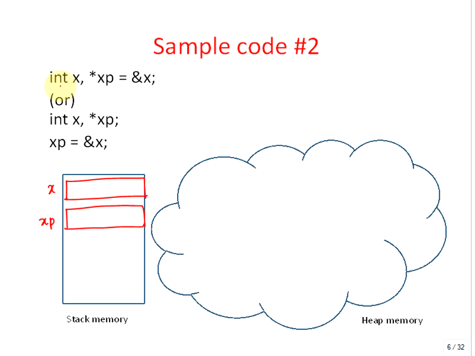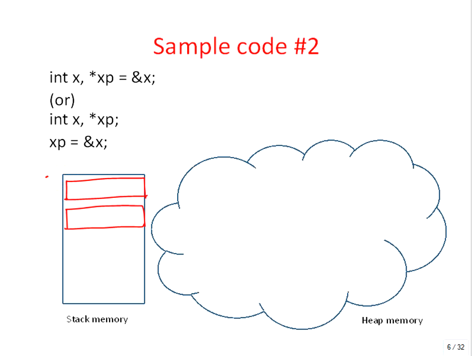That's how you should read it, because it's int space star xp. The data type for x is integer, star xp is integer. Let's make this a little bit clearer. I'm going to erase this and rewrite it.